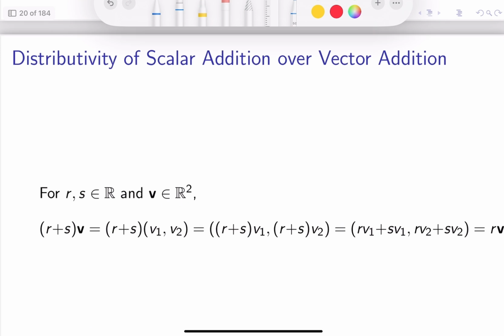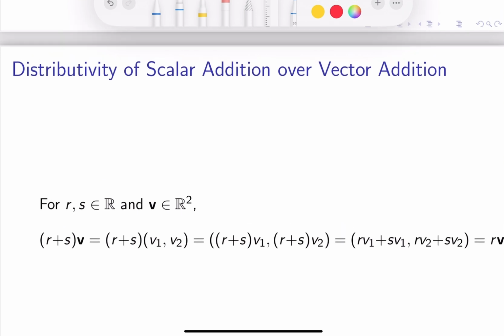And there are some other properties, such as scalar multiplication also being distributive, in the sense that if you have a number, 2 plus 3, times v, this should be the same as 2v plus 3v, for example, right?